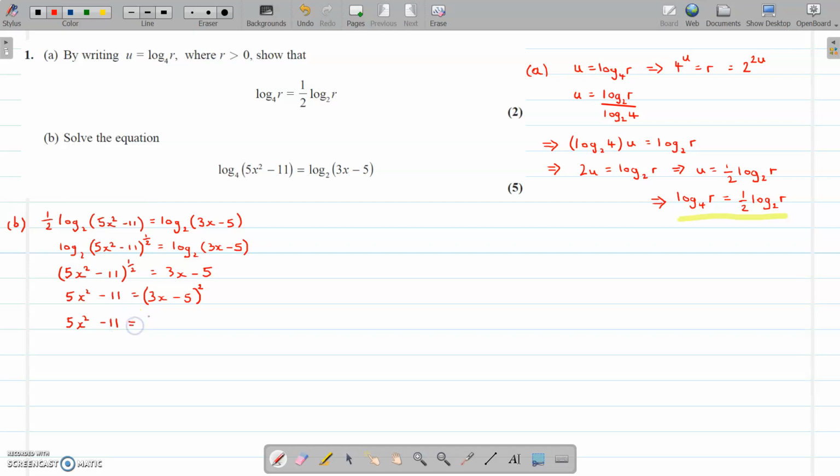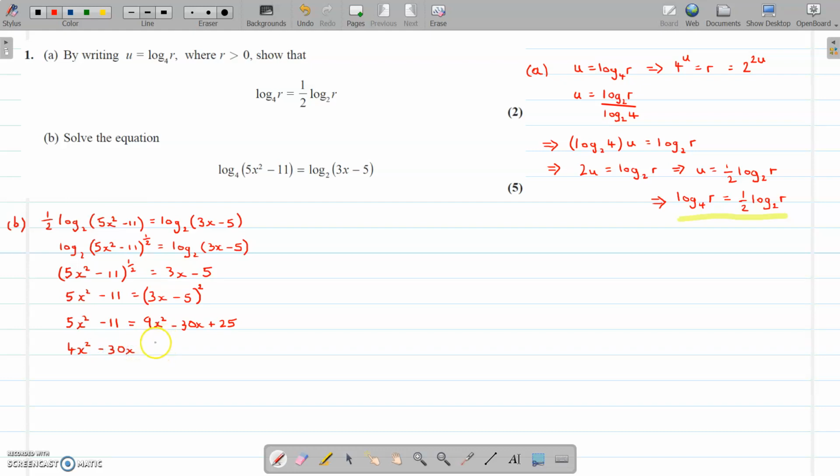Well, that's going to be 9x squared. Okay, we've got minus 30x plus 25. Okay, just multiplying out that bracket. And if we put everything to one side, we're going to have 4x squared minus 30x.